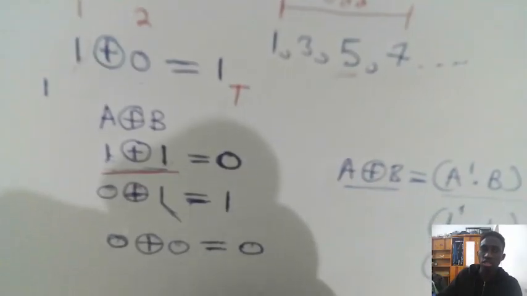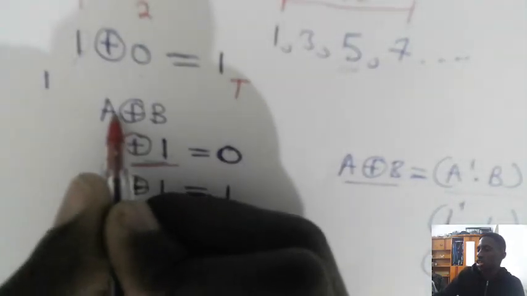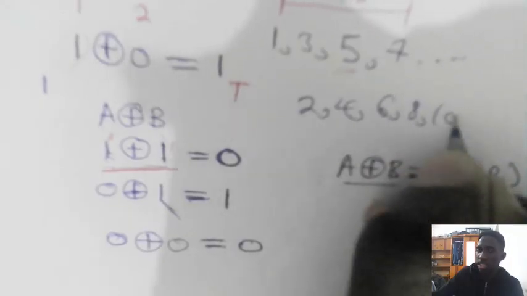So let's consider some possible cases using variables. A exclusive OR B, 1 exclusive OR 1. I've got two true values. So that's even. Even numbers are 2, 4, 6, 8, 10.